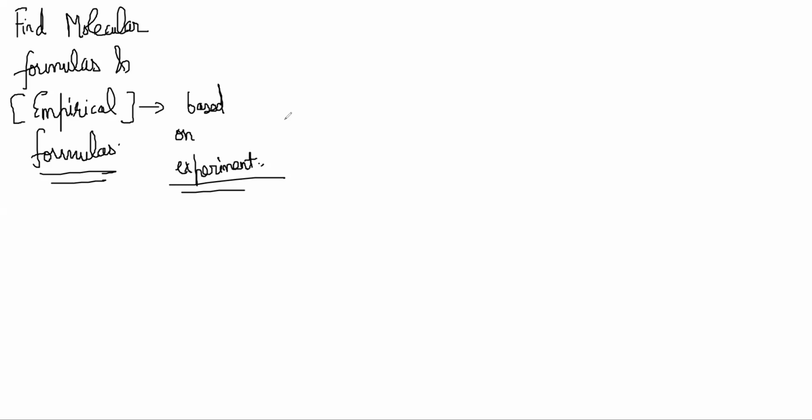So empirical formula would be you tried to do an experiment and figured out what ratios some compounds reacted, and from there you are making a guess at the molecular formula. Empirical formula is based on the reaction that you saw. What is the formula? So we'll do one question and it will be clear.